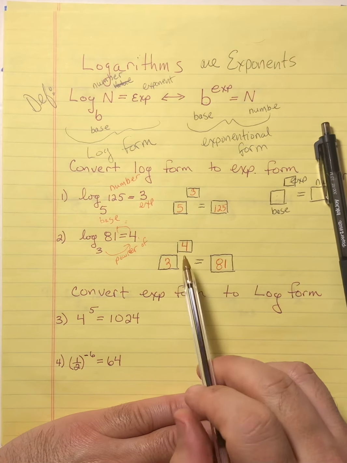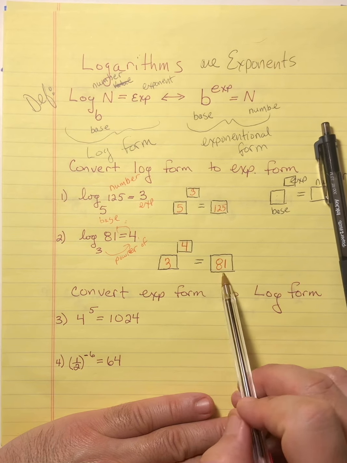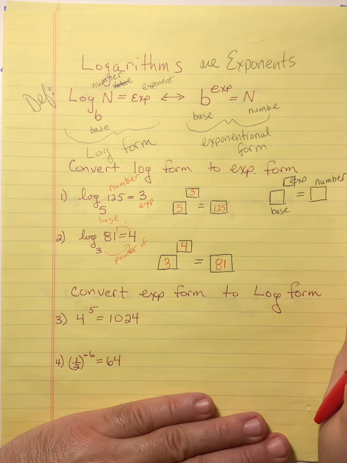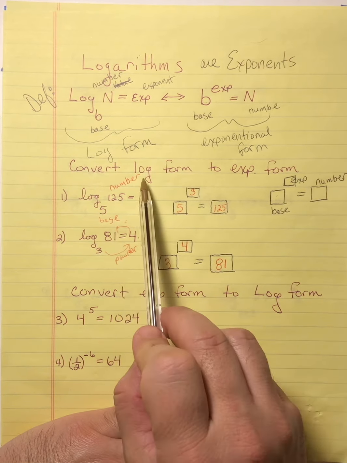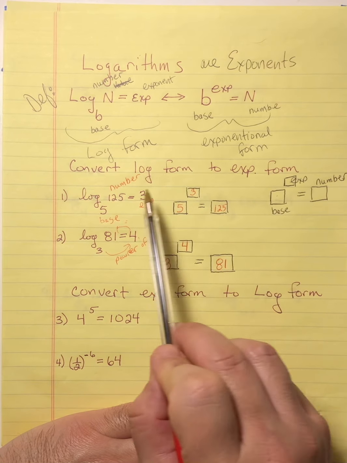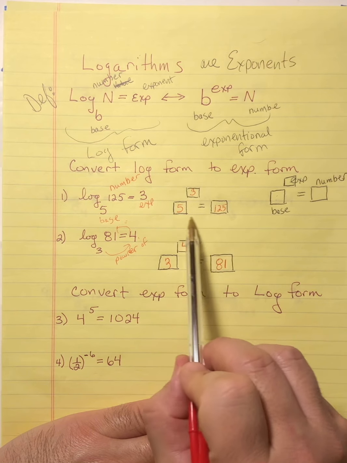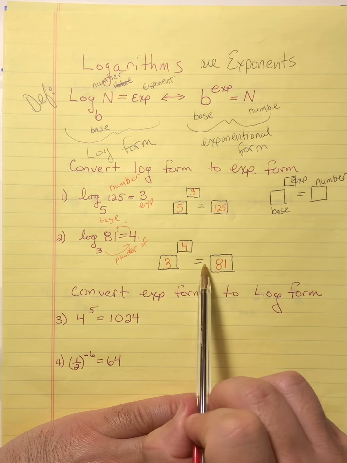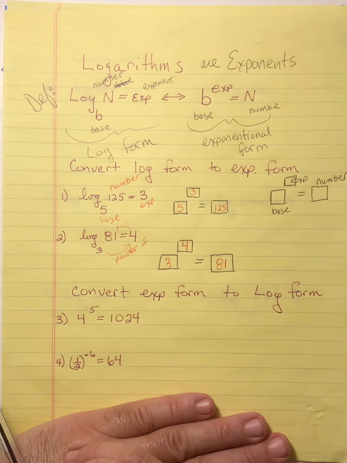By the way, isn't that what it is? Yes, 3 to the 4th is 81. Okay, so that's our going from log form to exponential form. All I do is put my little diagram down. 3 to the 4th equals 81. 5 to the 3rd equals 125.